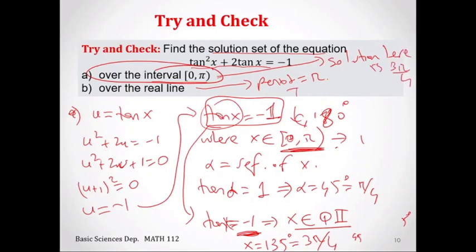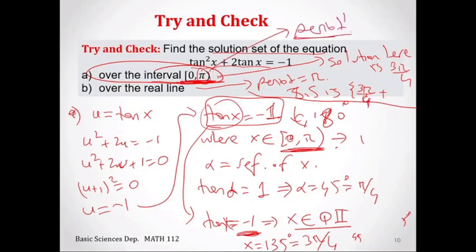So the general solution set is 3 pi over 4 plus the period. This is the period here, which is important. It's a good coincidence that the period is also pi here, so everything looks compatible.